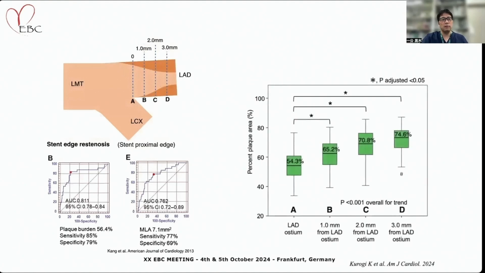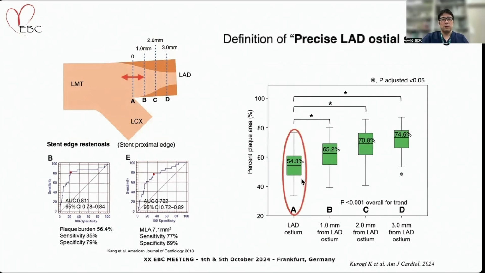And this is the result. The cut-off value of percent plaque area at the stent proximal landing zone to avoid stent edge restenosis was reported to be 57%. Based on this result, the precise stenting zone was defined as within 1 millimeter from the LAD ostium.